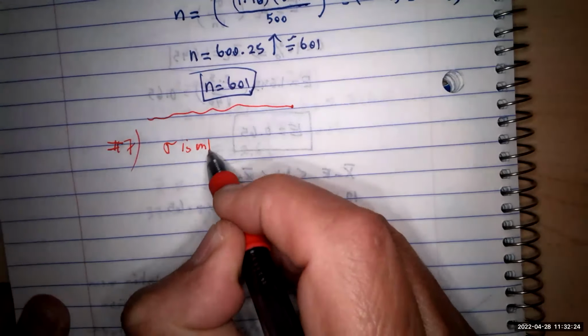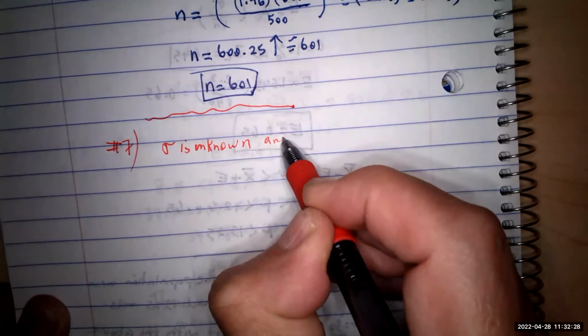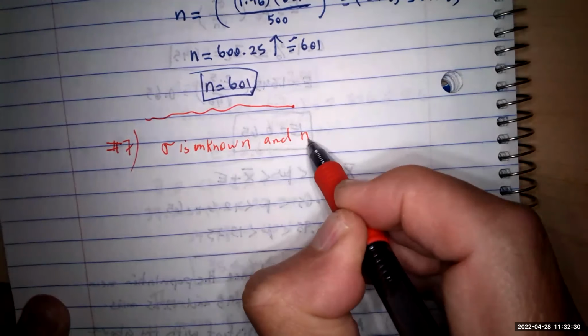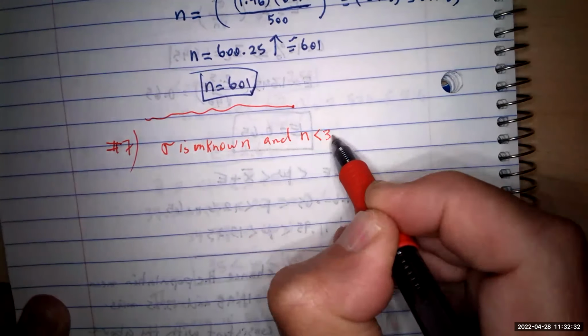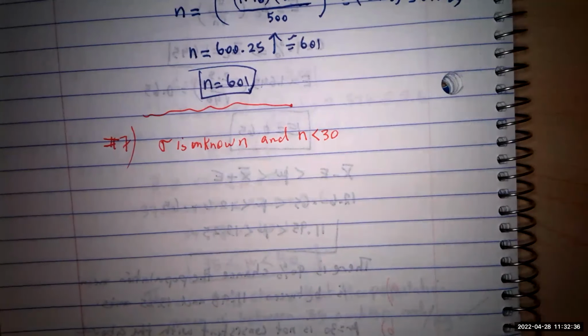When the sigma is unknown, you check the sample size. Probably in this case, the sample size is small, less than 30. So to not be confused from now on, anytime the sample size is bigger than 30, we say this is the z-test, case 1. Everything related to the normal distribution, we use the z-score.